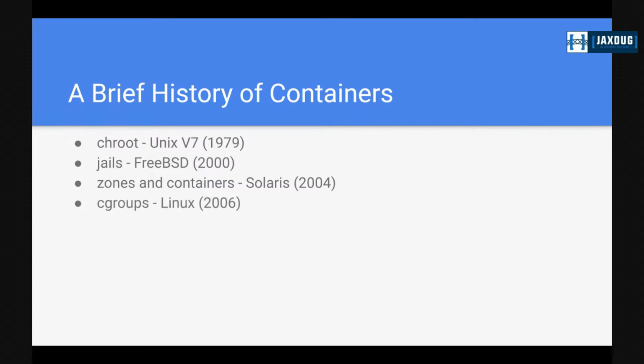In 2006, Google created cgroups, which is short for control groups, and contributed it to Linux to help with some of the isolation they were doing. And then in 2008, a project called LXC, which stands for Linux Containers, was created to kind of emulate some of the work that had been done for Solaris containers and bring it to Linux.